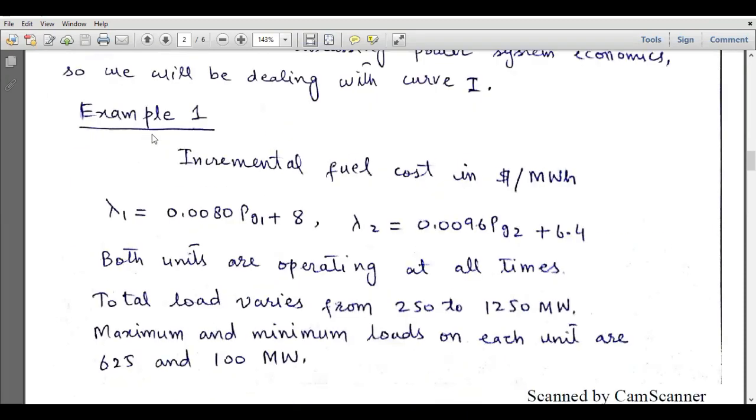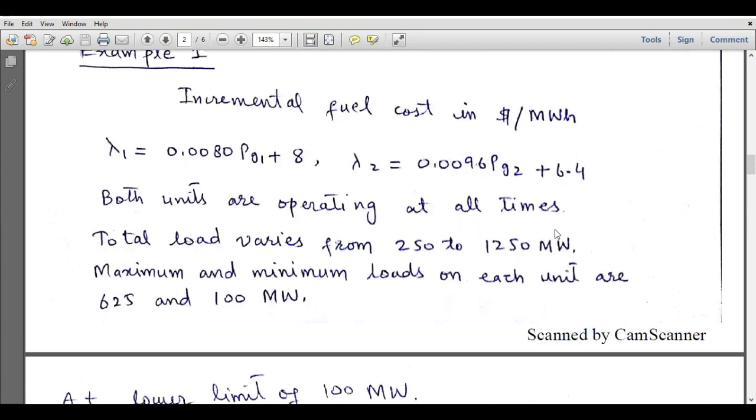Now let's consider the first example, in which we have 2 units and the incremental fuel cost functions are also defined for them. So this is A1, this is B1, this is A2, and this is B2. Both units are operating at all times and total load varies from 250 to 1250 megawatts. Maximum and minimum loads on each unit are 625 and 100 megawatts.